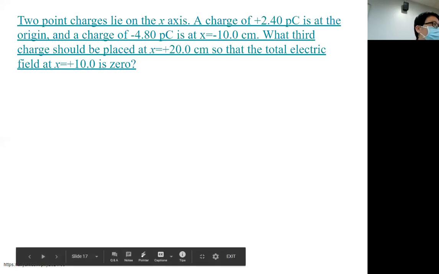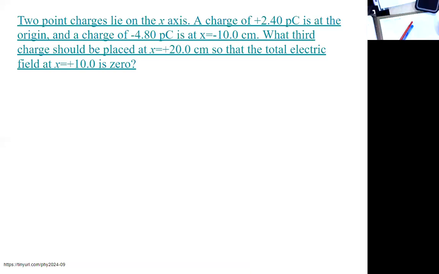So let me draw a figure here to represent the problem to get you guys started. This is what the problem says. On the x-axis, if this is the origin, x equal to 0, there's a charge of 2.4, that's Q1 equal to positive 2.40 pC.